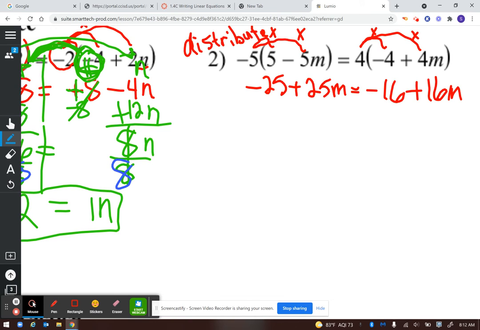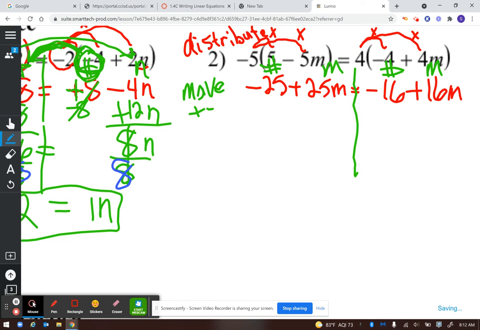Step number 2 is to move with addition and subtraction. We call it combining like terms, because when you look at it, 25 is a plain number. This 25 has an m. 16, plain old number. This 16 has an m.